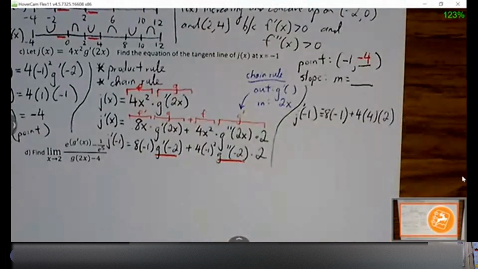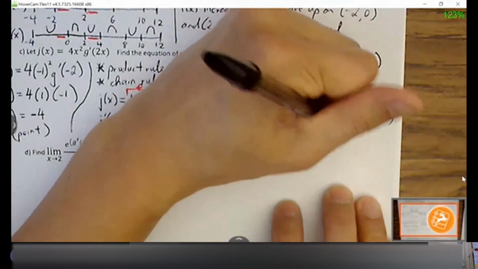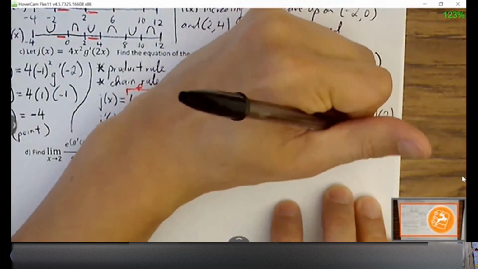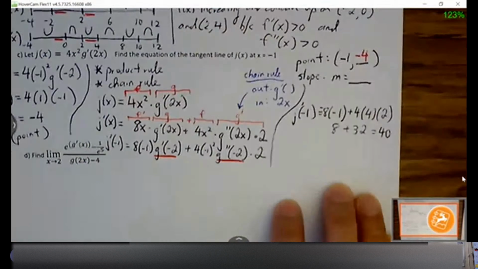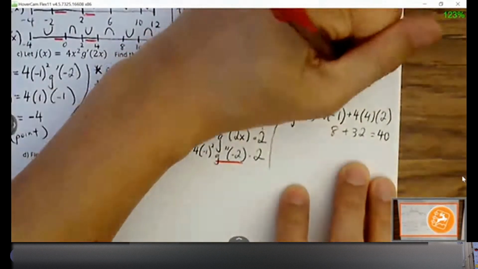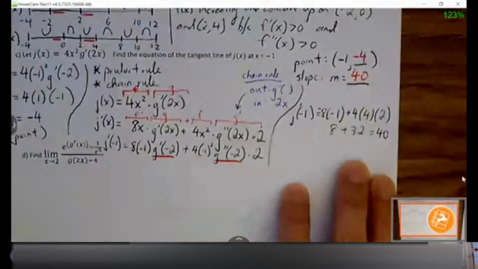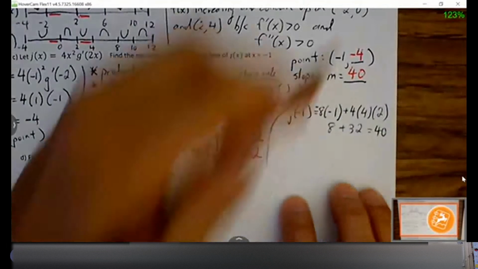So I have 8 plus 32, which is 40. So there's my slope. My slope is 40. Now I can do point slope form.